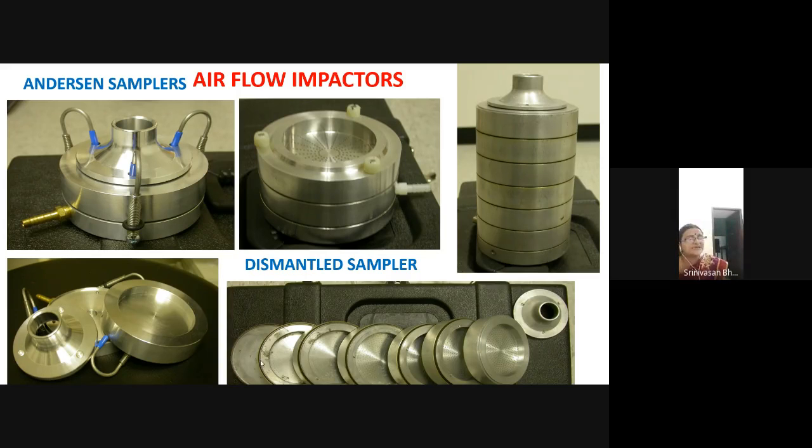At the base, you can see the nozzle, which is connected to the vacuum pump. In each stage, you keep a glass petri dish, and the orifice size of each stage varies. In the first stage, it is 0.6 to 1.1.